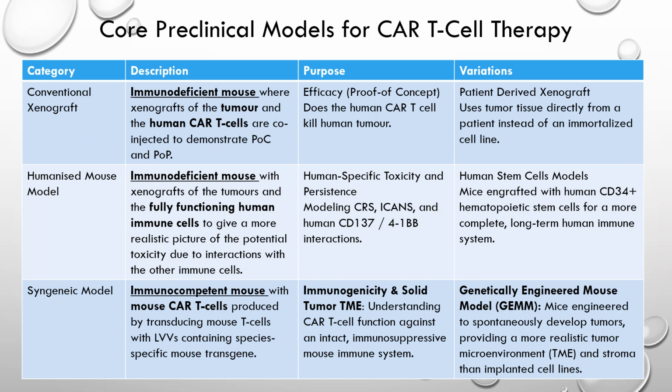So this kind of setup is really to understand how the CAR T cell functions against an intact immunosuppressive environment of the tumor microenvironment, and is particularly useful for our studies because we are armoring LAT202 to deal with the immunosuppressive environment.